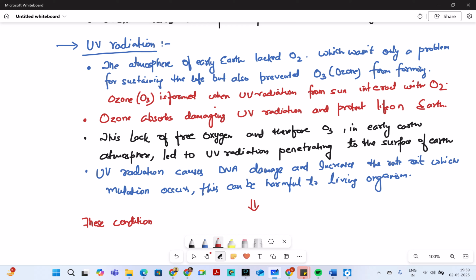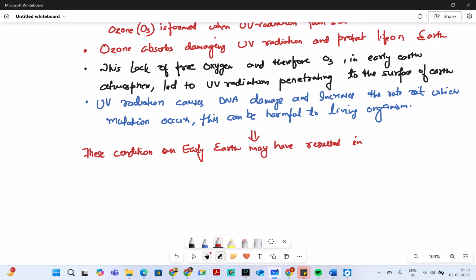So whatever conditions, the two conditions we have discussed, UV radiation and high temperature, on early Earth may have resulted in the spontaneous formation of carbon compounds.